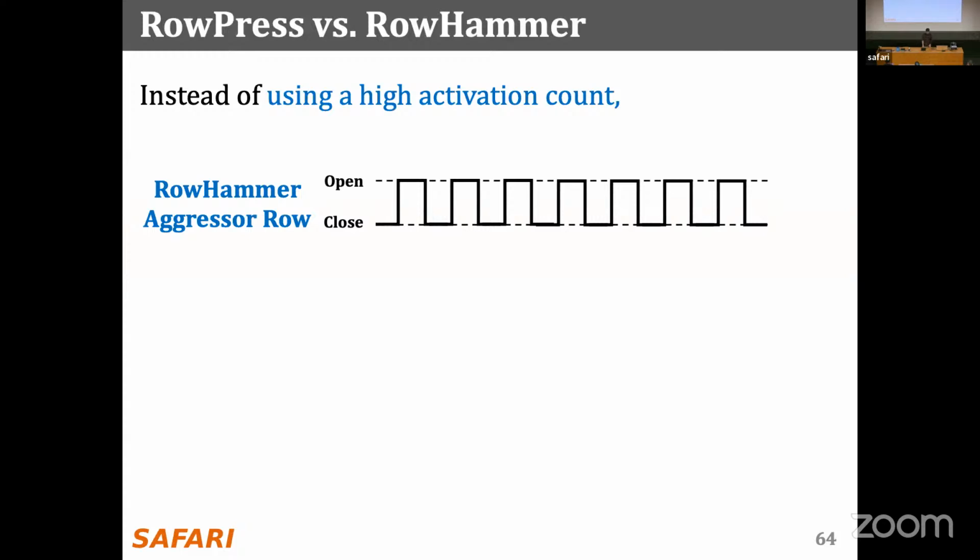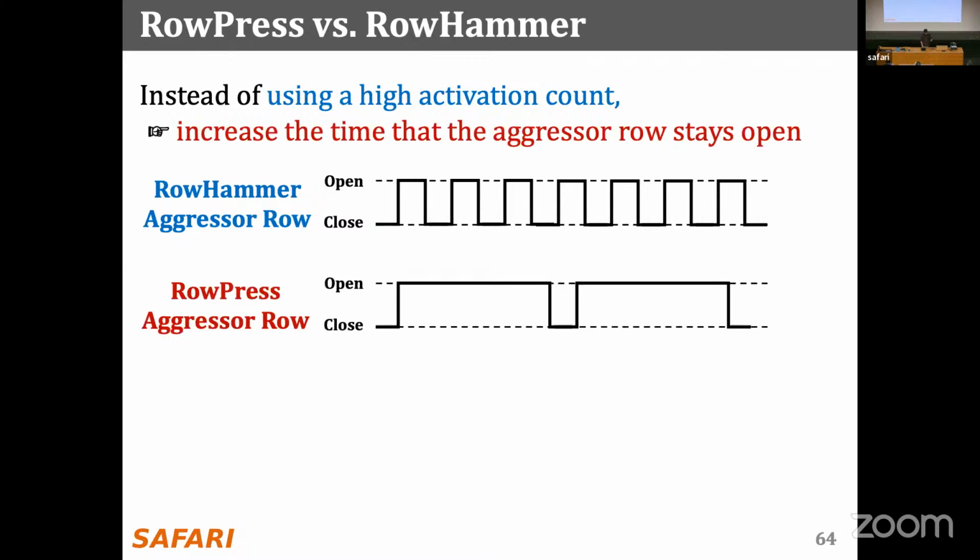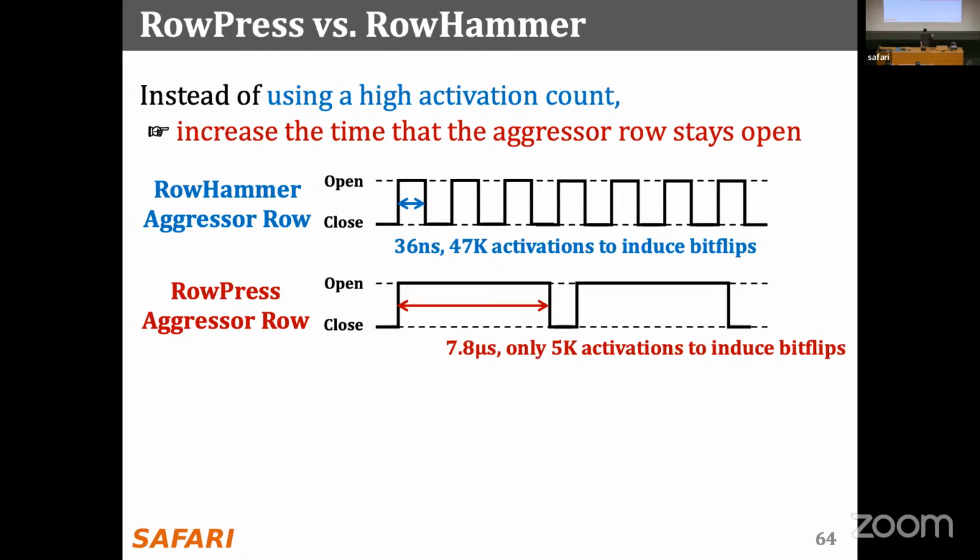So instead of using a high activation count, or activating the DRAM row as frequently as possible, RowPress significantly increases the time that the row stays open. For example, in RowHammer, you keep a row open only for the minimum amount of time allowed by the standard, let's say 36 nanoseconds, and then you need 47,000 activations to induce the first bitflip.